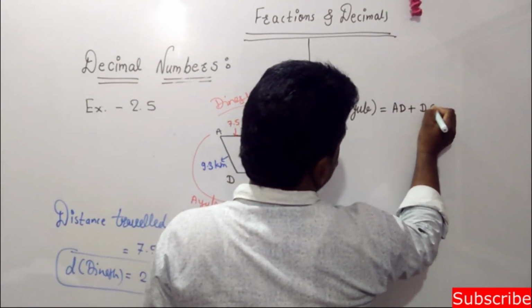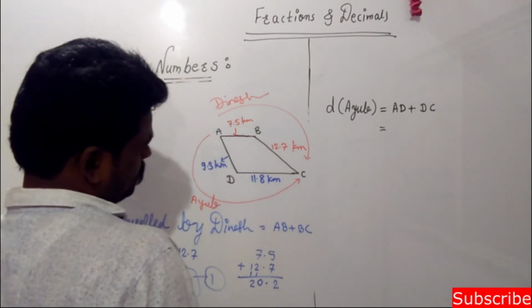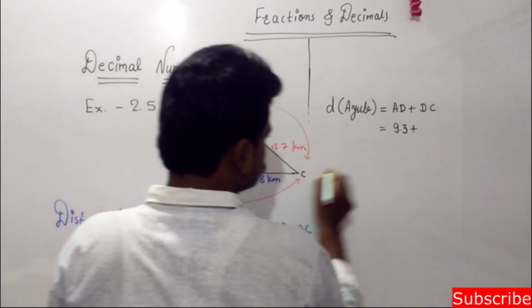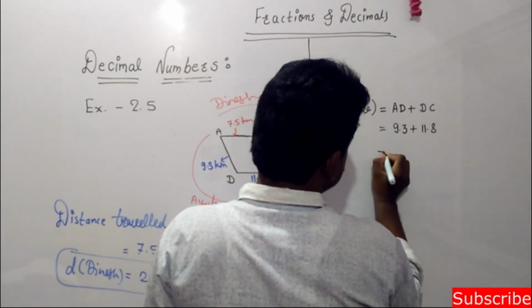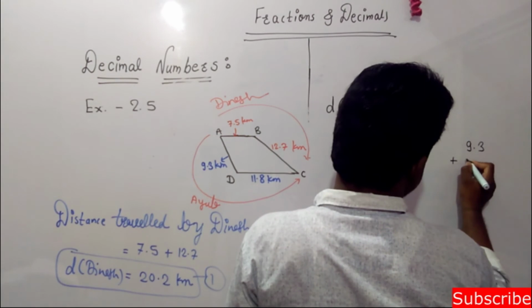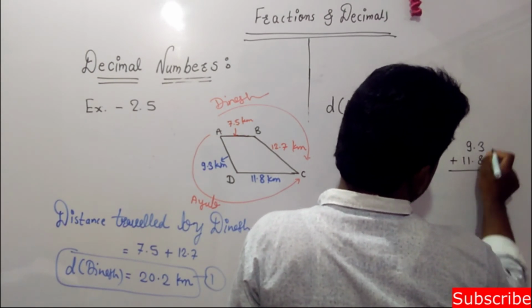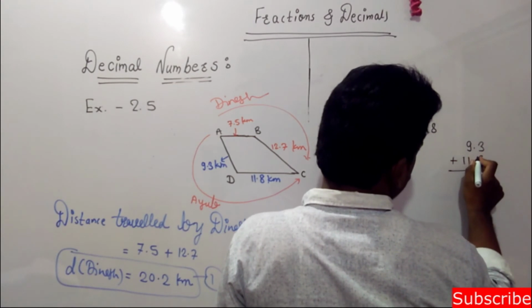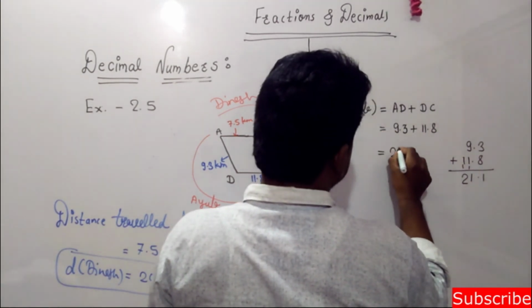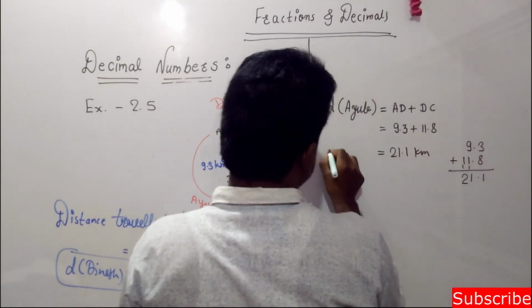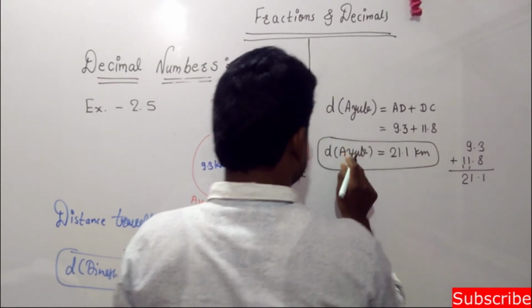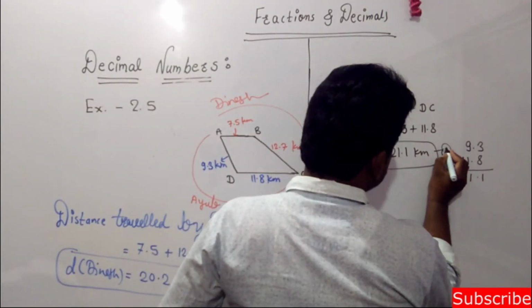So AD is 9.3 kilometer plus DC is 11.8 kilometer. We need to add them together, 9.3 plus 11.8. So 8 plus 3, 11, 1 carried. 9 plus 1, 10, 10 plus 1, 11, 1 carried, 1 plus 1 is 2, 21.1 kilometer. So the answer of my first question, who traveled more distance, is Ayub. This is equation number 2.